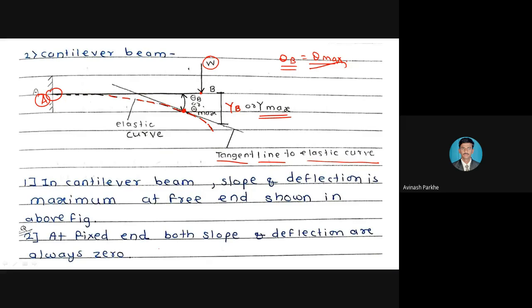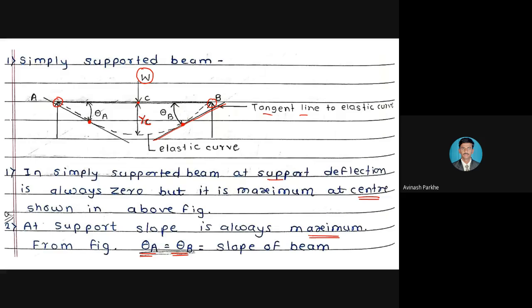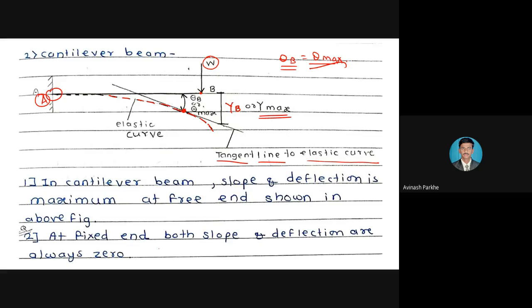If I change the type of load, simply supported beam subjected to the UDL and the cantilever beam subjected to the UDL, there is no change in the slope and deflection. कुठला जरी load apply झाला, even if it is point load and even if it is UDL, their concepts will remain same. जर ह्या कॅन्टिलिव्हर बीमवर UDL जरी अप्लाय झाला तरी पण स्लोप आणि डिफ्लेक्शन हे फ्री एंडलाच मॅक्सिमम असणार आहे आणि स्लोप अँड डिफ्लेक्शन हे फिक्स्ड सपोर्टला 0 असणार.